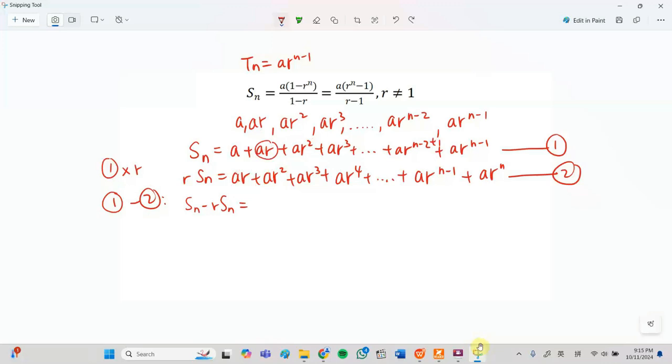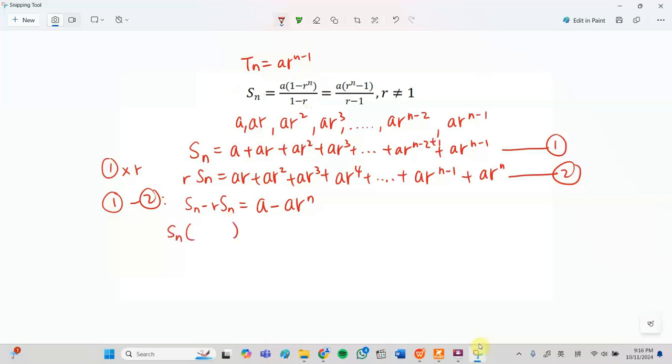Then the fourth term here minus the third term, since they are the same, becomes 0. And so we'll cancel off all this until we have this and this left. Because this is cancelled by this as well. So you have these two terms left. You take A minus Ar to the power of n. So in order to get this form, we need the Sn here. So we factorize Sn.